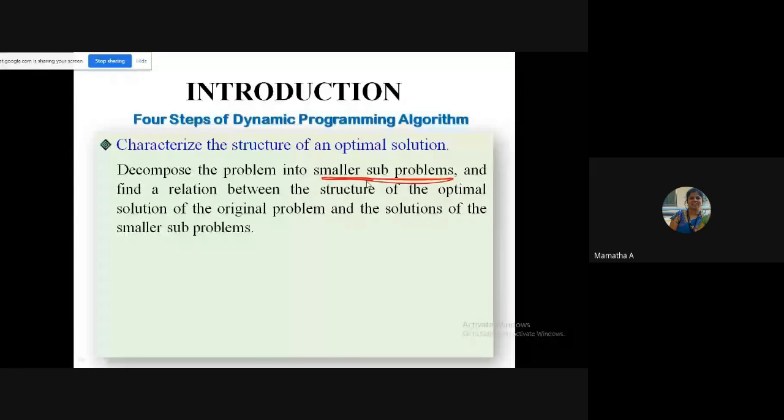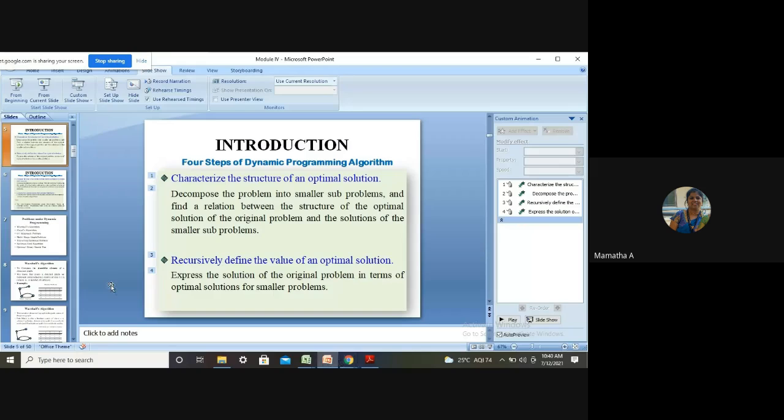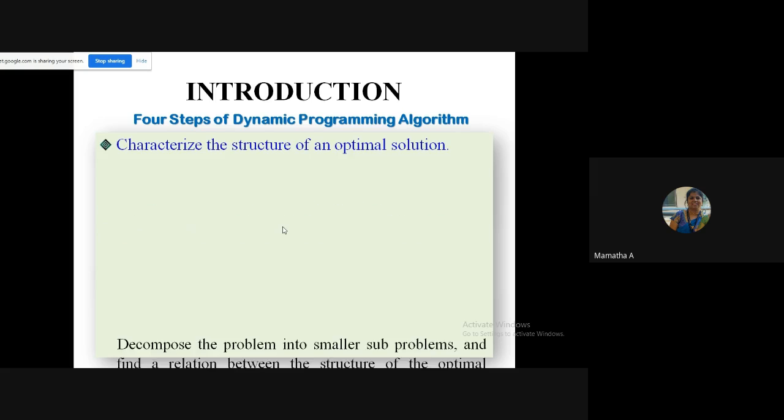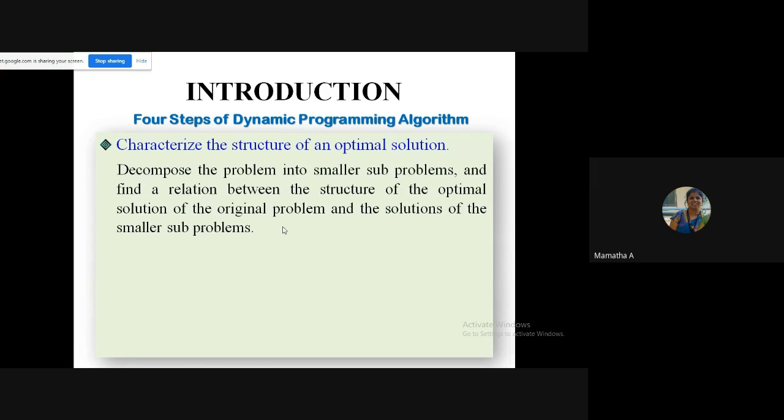Dependent, ma'am. Yes, they are dependent. Meaning to say, every subproblem will be dependent on the solution of the other subproblems. So what I should do in this step is find a relationship between the structure of the optimal solution of the original problem and the solutions of the smaller subproblems.